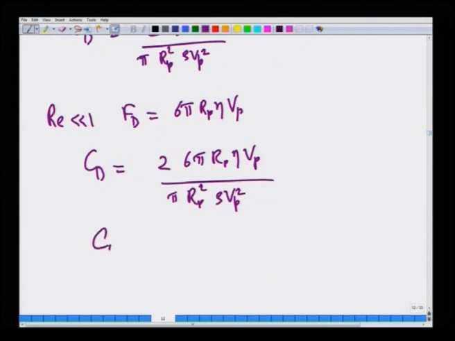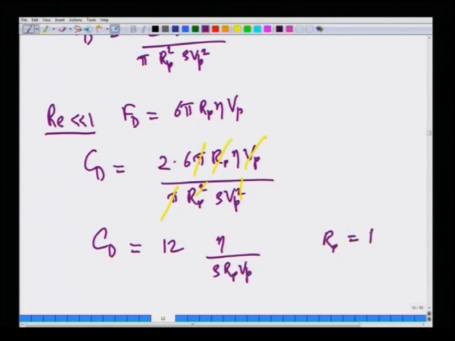So, CD for a spherical particle at low Reynolds numbers is given by 2 times 6 is 12, then the pi cancels off, one Vp cancels with one Vp and Rp with one Rp, to give you 12 times eta by rho Rp Vp, but Rp is dP by 2.